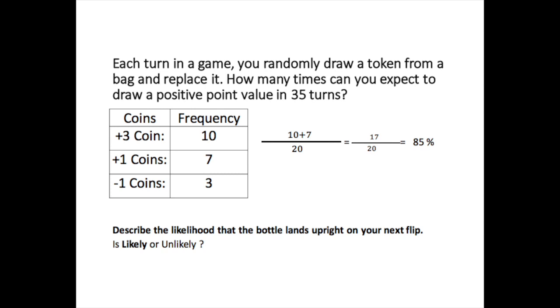And since all of our frequencies add up to 20, it's 17 over 20, which is then equal to 0.85, which is then equal to 85%. 85 is a large percentage, so therefore it is likely that you pull out a positive coin.